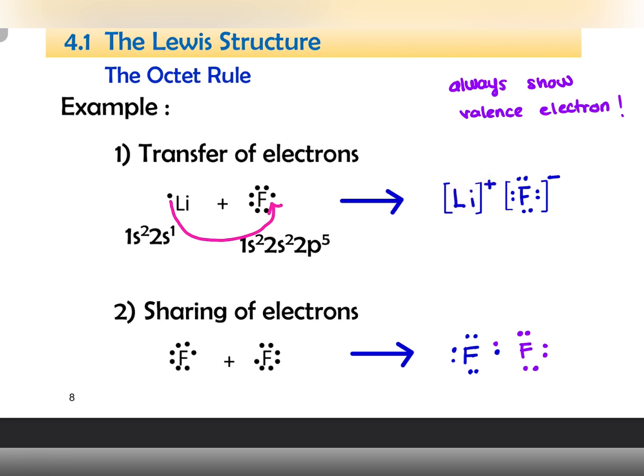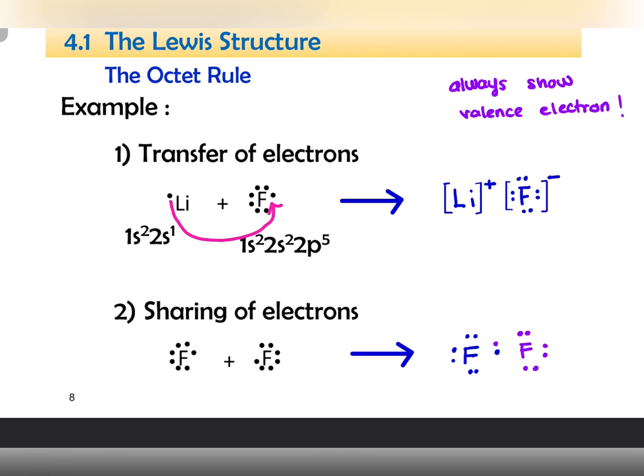Right, so siapa yang menerima elektron? Fluorine. So fluorine dia akan jadi F minus. Tapi kita kena tulis bracket lah untuk show that all this charge ni adalah -1. Lithium ni total charge ni adalah positive.